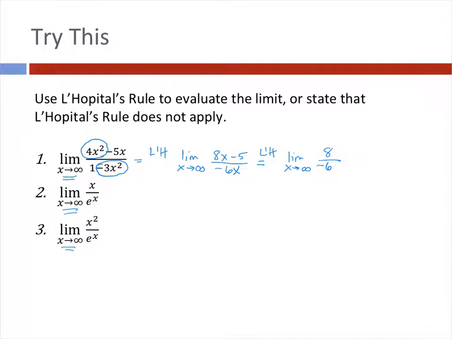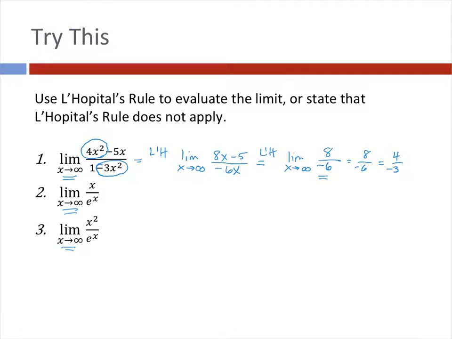And now we can take the limit as x approaches infinity of a constant function. Remember, a constant function, it doesn't matter what you're taking the limit at. It's always going to be that constant. So it's equal to 8 over negative 6, which is also equal to 4 over negative 3. And let's think about what this means.